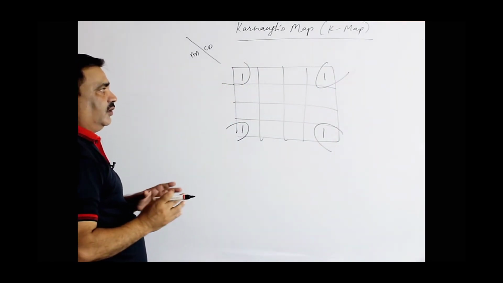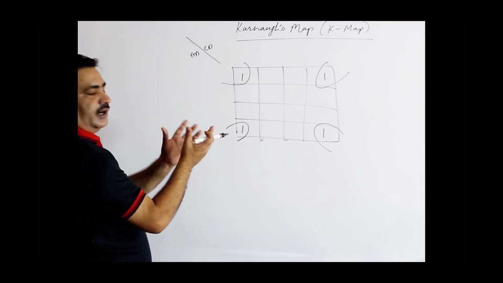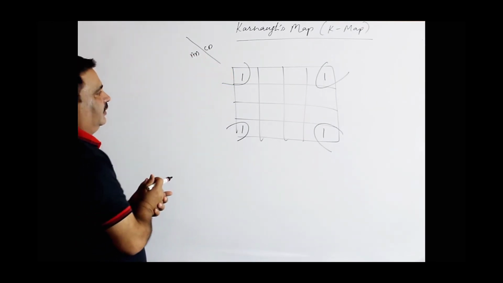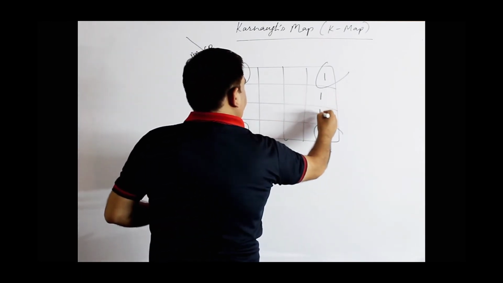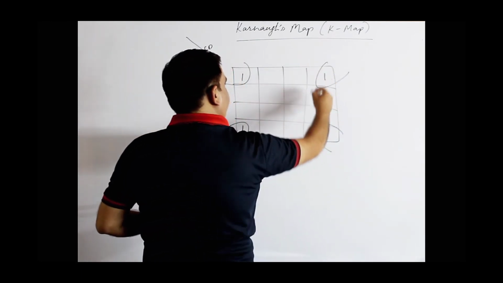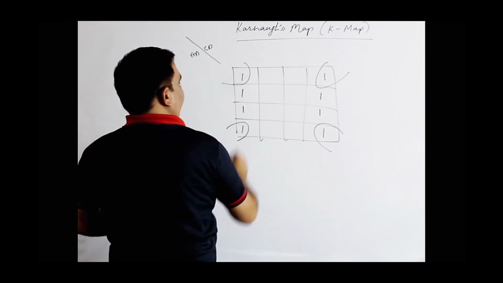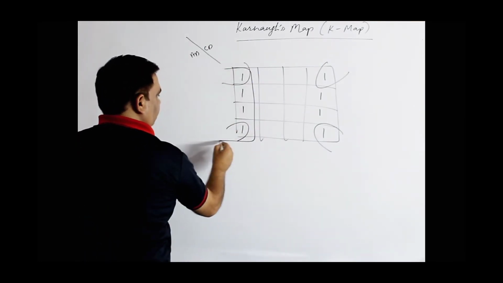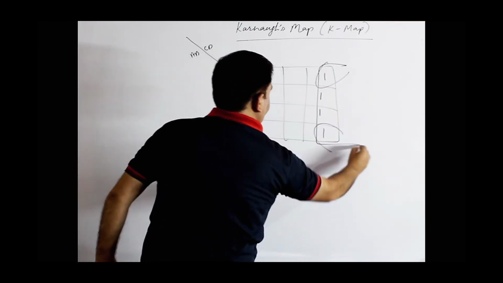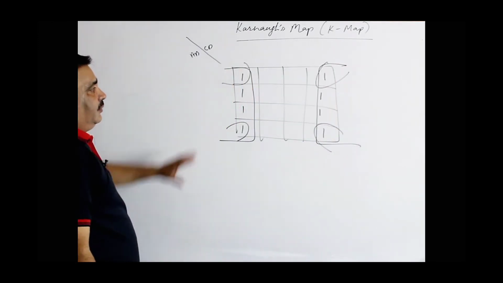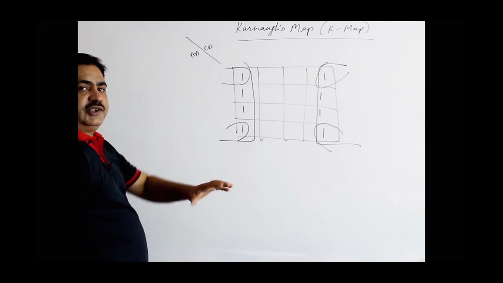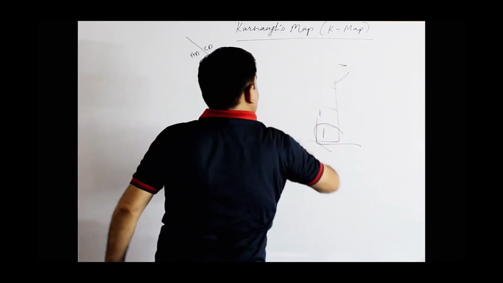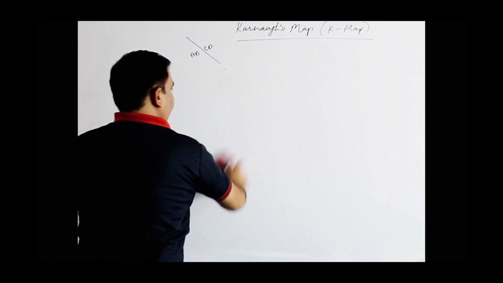So there are many methods to form the quads. This is called the paper folding method, horizontally and vertically. If one is here, then you can also form quads. If one is here, then do not form a quad. Now you can easily form this one and this one as an octet. Give priority to the octets, which are a combination of 8 ones. One more example of an octet. This was the paper folding method.